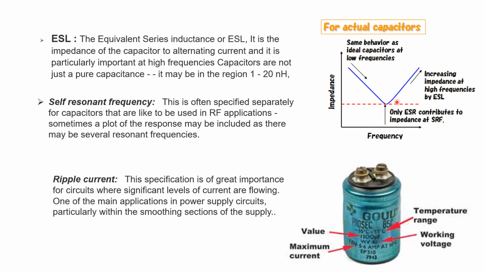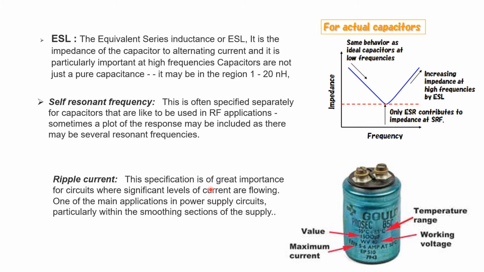So whenever you are in any application at higher frequency, you must see the specification, at which frequency you have the lowest impedance, and as you go to higher frequency, your impedance will increase. This same concept is used for filtering applications. Then ripple current, as I discussed, if you want to make your DC smoother when converting AC to DC, then you must know the ripple current capability of your capacitors.